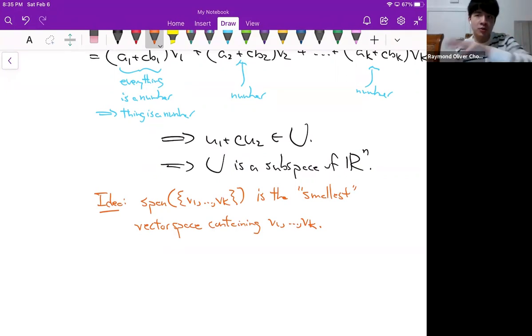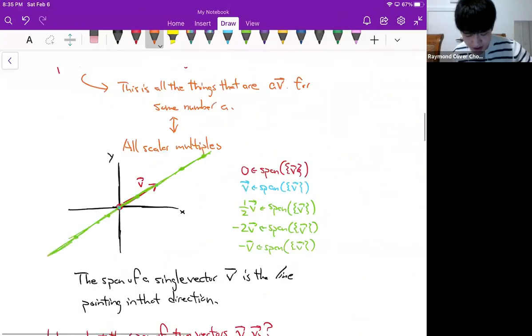When you multiply by all the numbers, you're forcing it to be closed under scalar multiplication. So essentially you've forced this set v1 up until v_k to also be a vector space, just kind of by design.